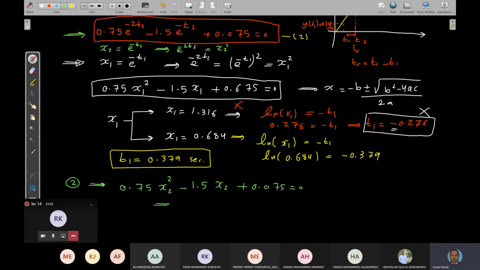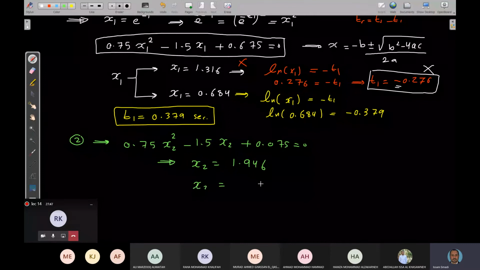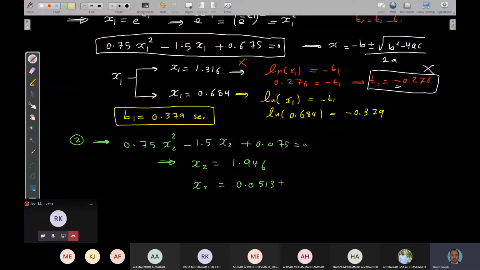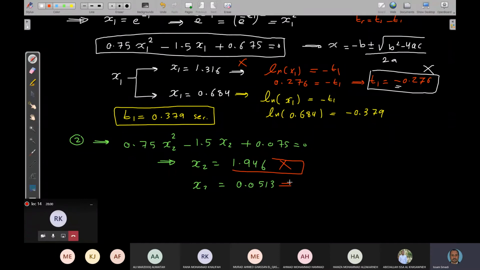Now if I solve this equation, I will end up with two x's. The first solution is x2 equal to 1.946 and x2 equal to 0.0513. Now, which one will I consider? This one is out. So I will consider this one.